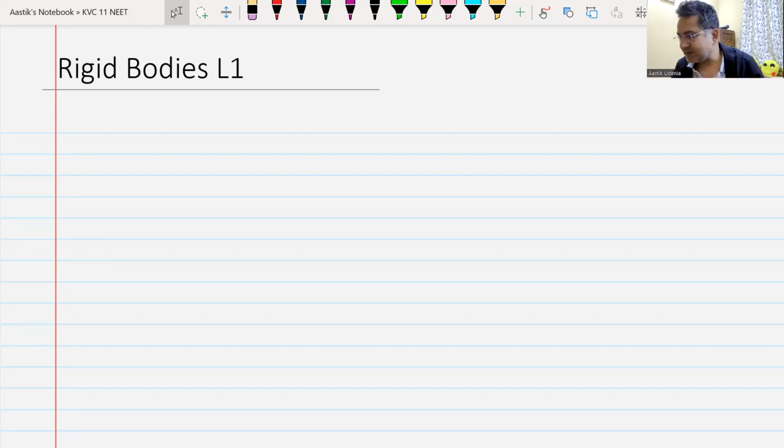In the previous class, do we remember what we did? We had covered the concept of collision, and we had seen what happens in a perfectly elastic collision.